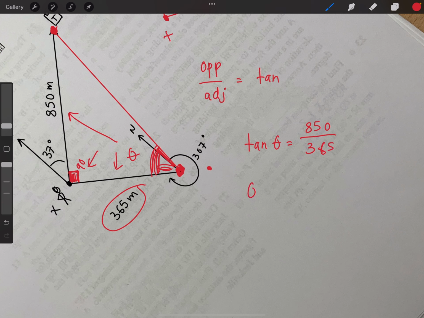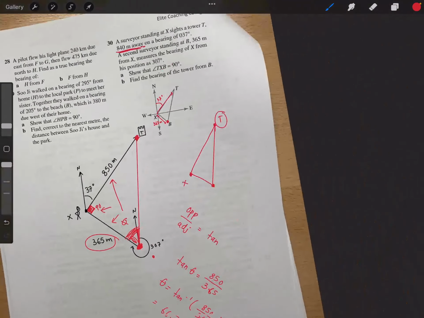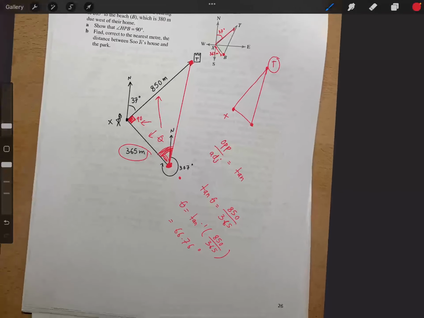Therefore theta is equal to tan inverse of 850 over 365. On your calculator, tan inverse of 850 over 365 will give you 66.76 degrees.